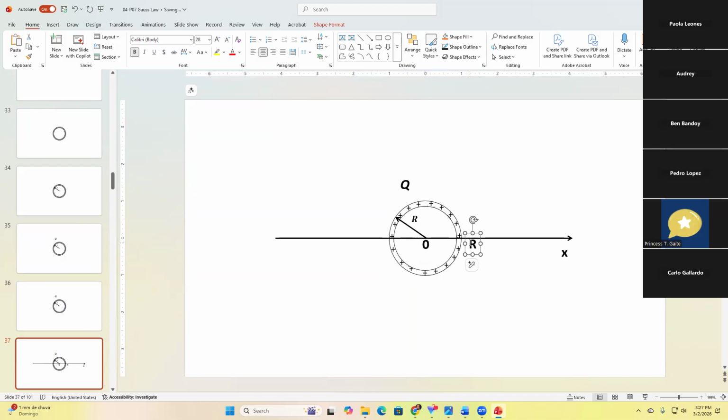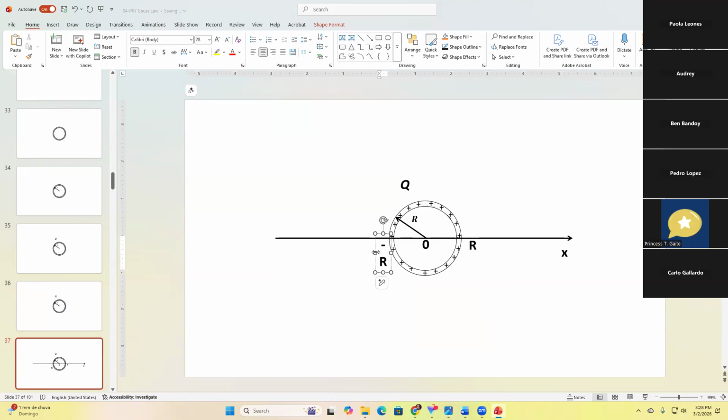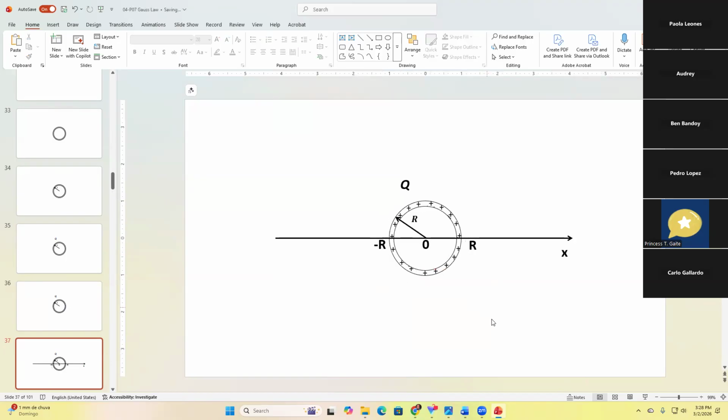And this one right in here, minus R. Now that you have plus R and minus R there, I no longer need that thing here.